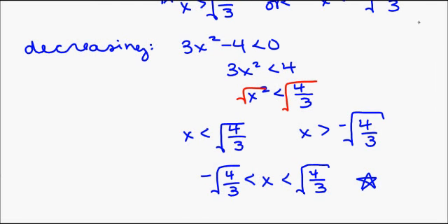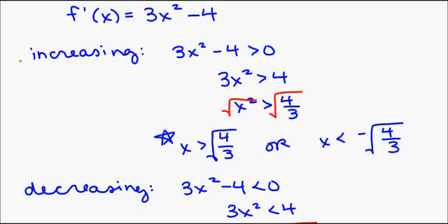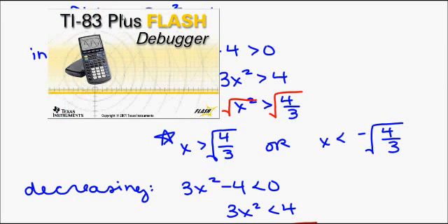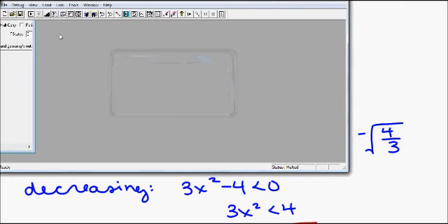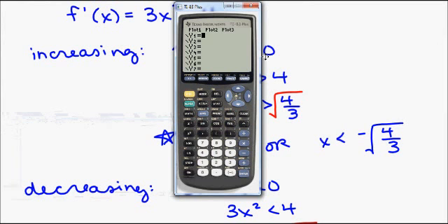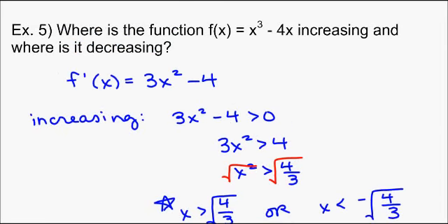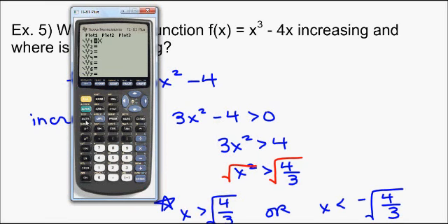Okay. You could have also done this by looking at the graph. You could look at the graph of either the original function or its derivative. So let's do both. If we were to look at the original function, it's y equals x cubed minus 4x.